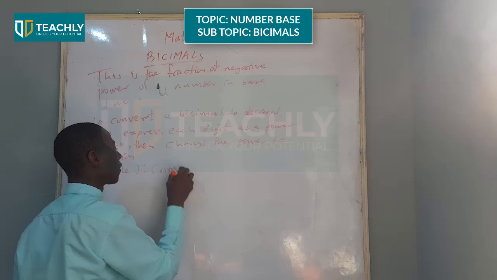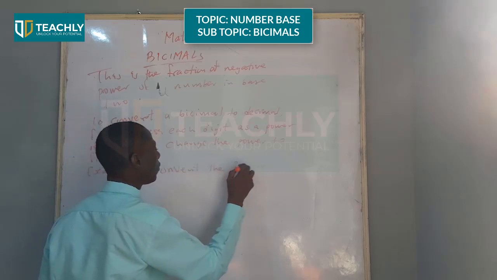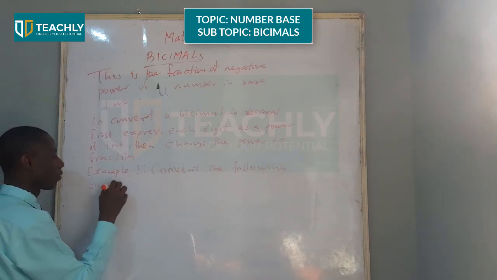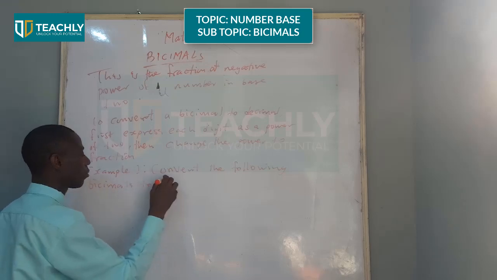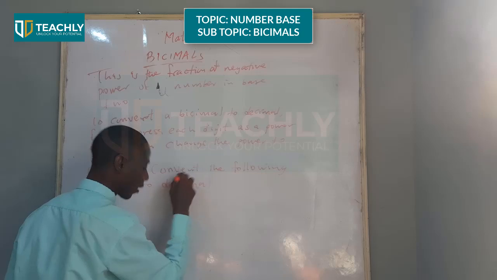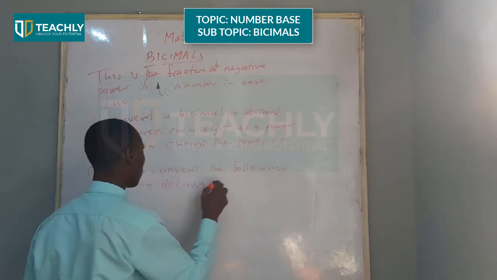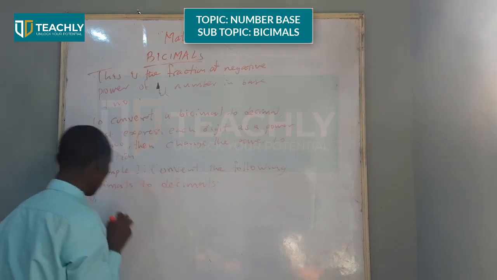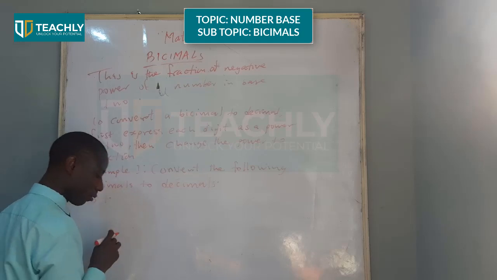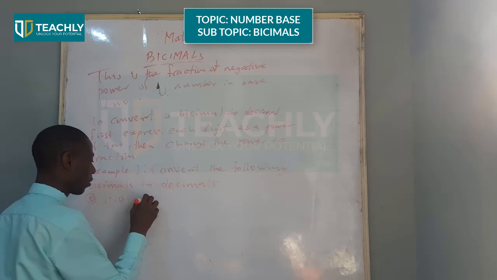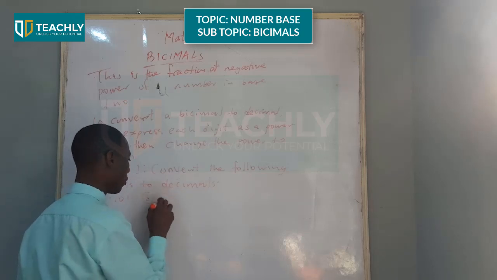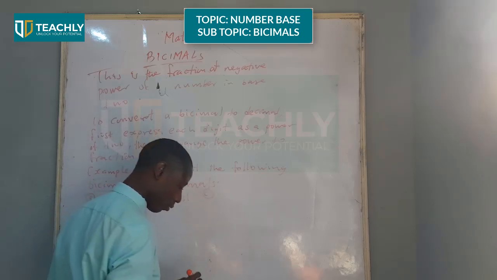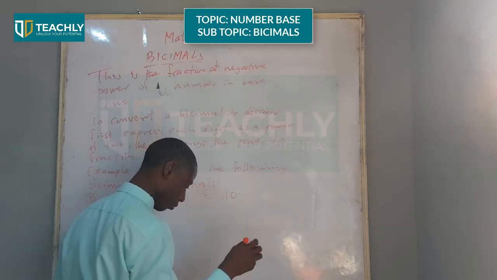A, we have 1.101. B, you have 0.11. C, you have 110.11.